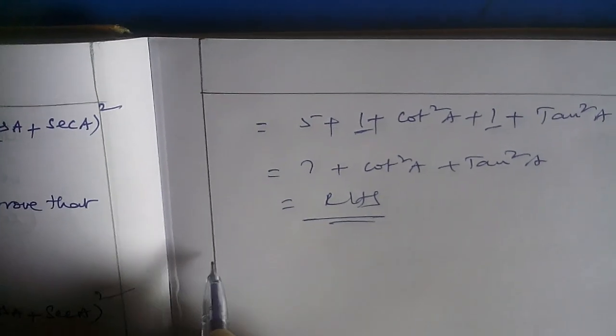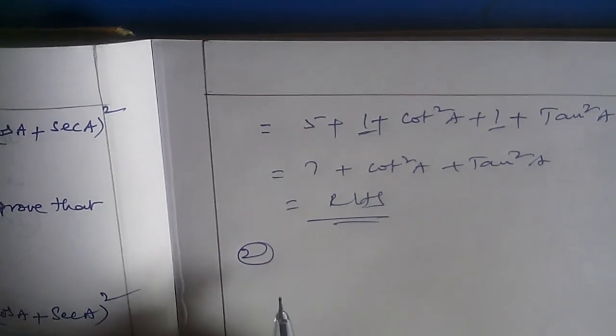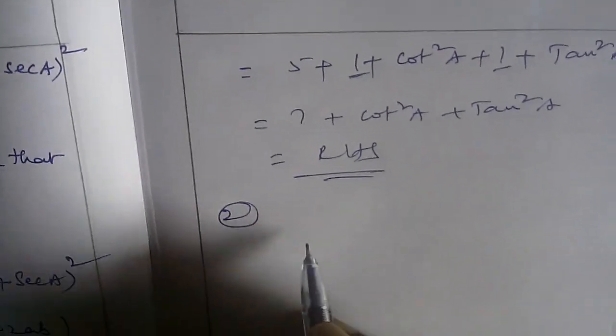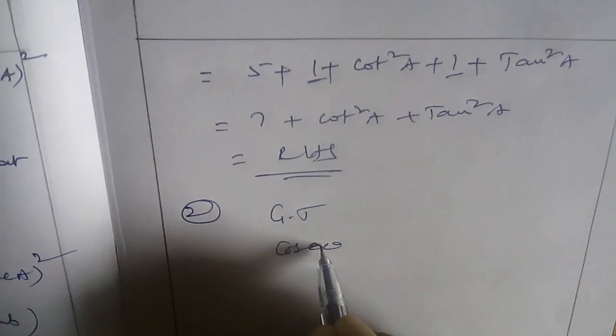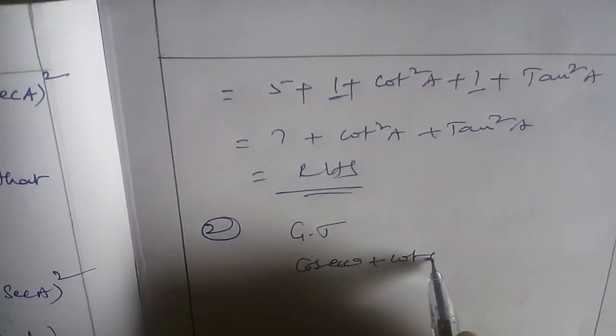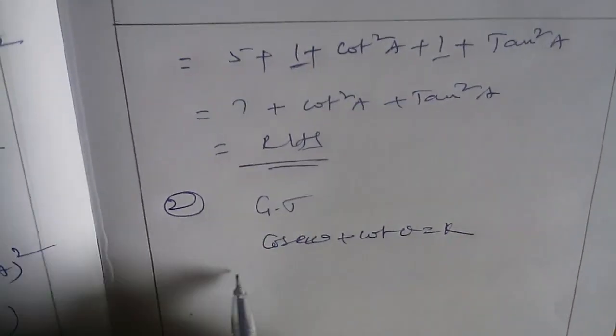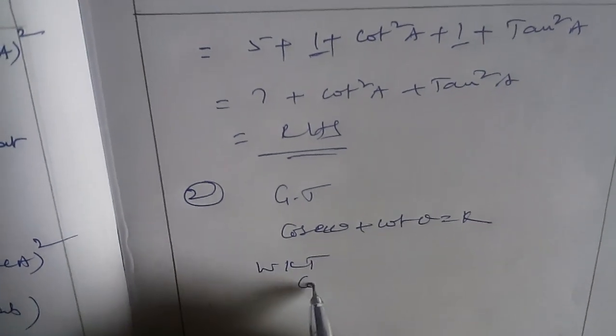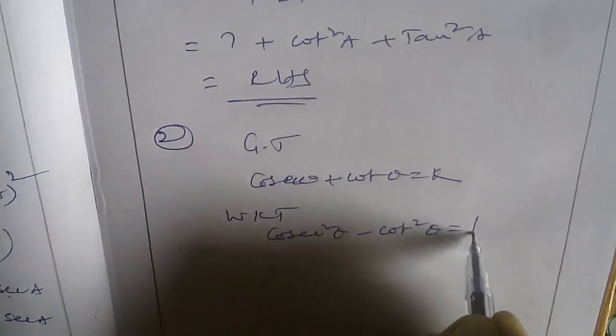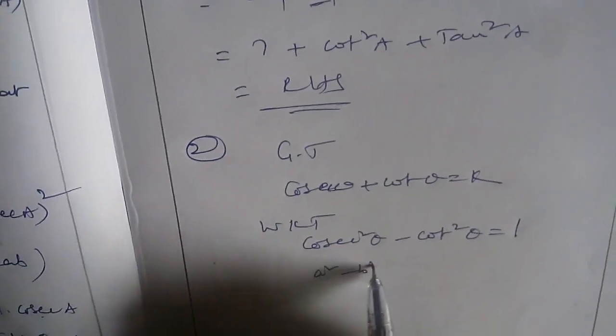Now second question, 11.4, 10th question. Given that cosec theta plus cot theta is equal to k. So we know that cosec square theta minus cot square theta is equal to 1, which is in the form of a square minus b square.